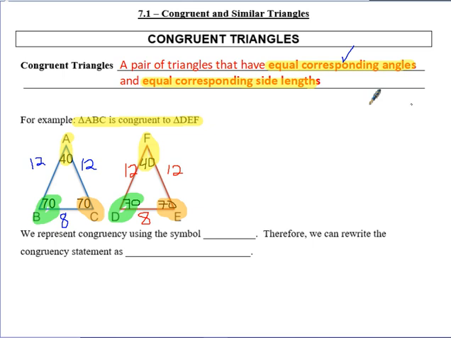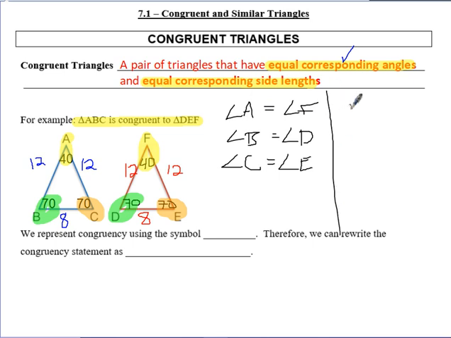So some might say, all right, angle A is equal to angle F. Angle B is equal to angle D. Angle C is equal to angle E. And these are all the equal corresponding angles. Now, how about the sides? AB, we said, corresponds and is equal to FD.